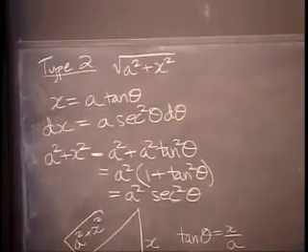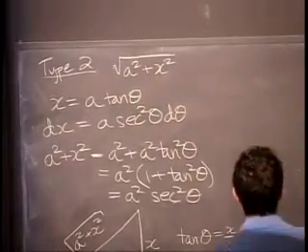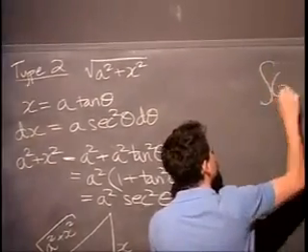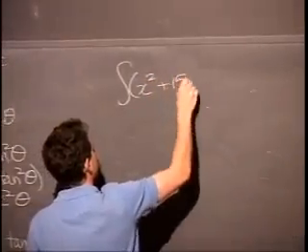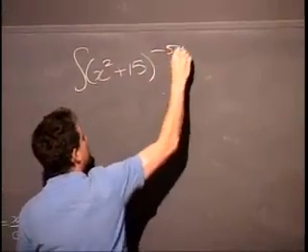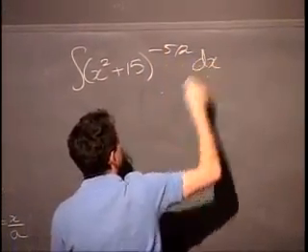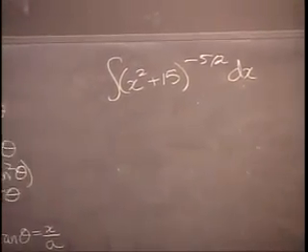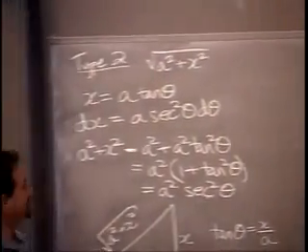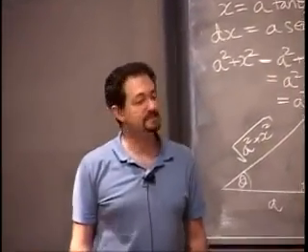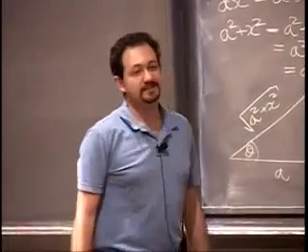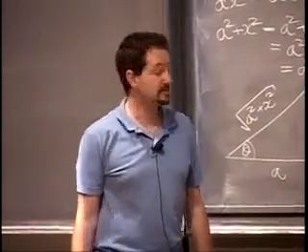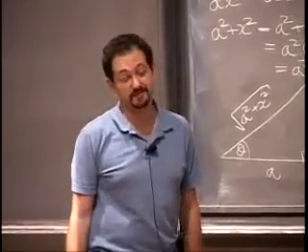All right. Let's do this integral. Integral of x squared plus 15 to the power minus 5 halves dx. That's another one of the integrals that I wrote up there. Now, this is a bit messy because 15 is not a particularly nice number. Square root of 15 is just the square root of 15. So that's going to be our value of a.